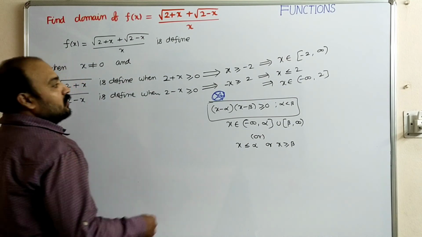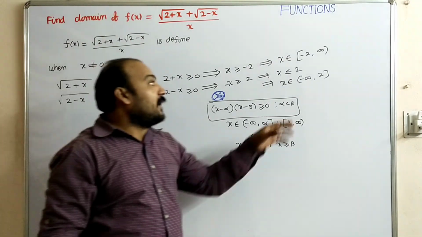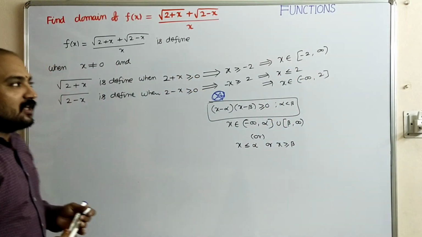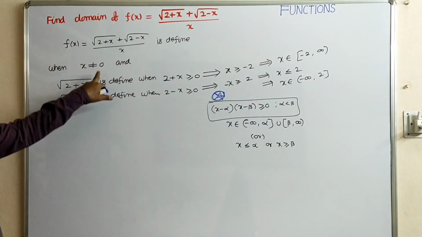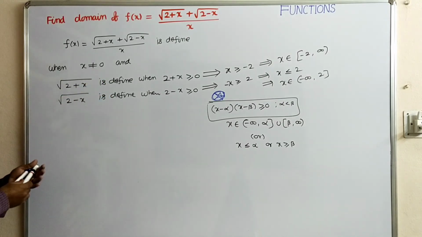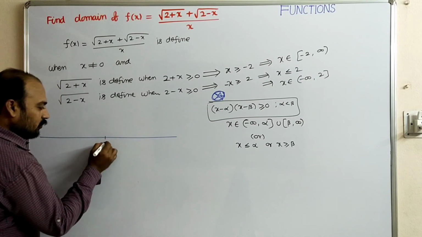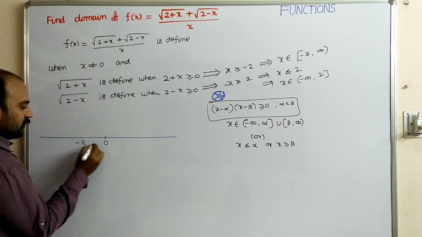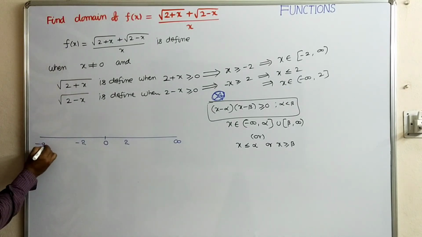So now, whenever a sum of two functions is there, you can take the intersection of these two intervals. See here, in this interval, x should not be equal to 0. If you draw the real number line, you will get it. This is the 0. This is minus 2, this is plus 2, this is infinity, this is minus infinity.